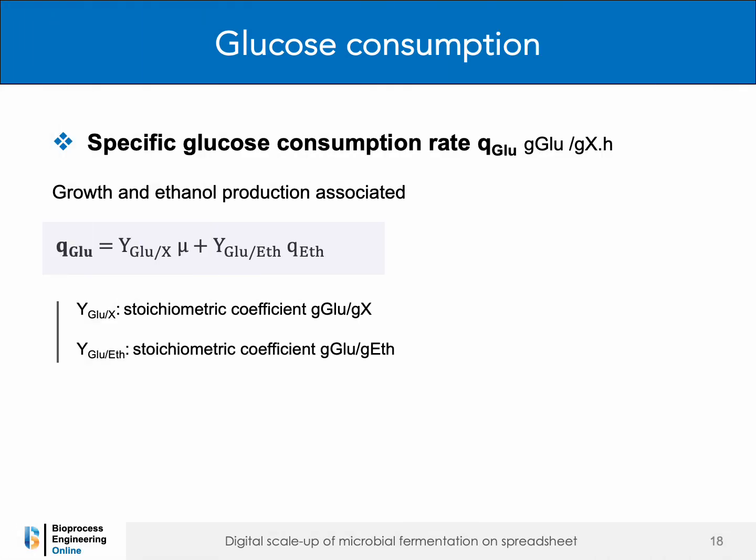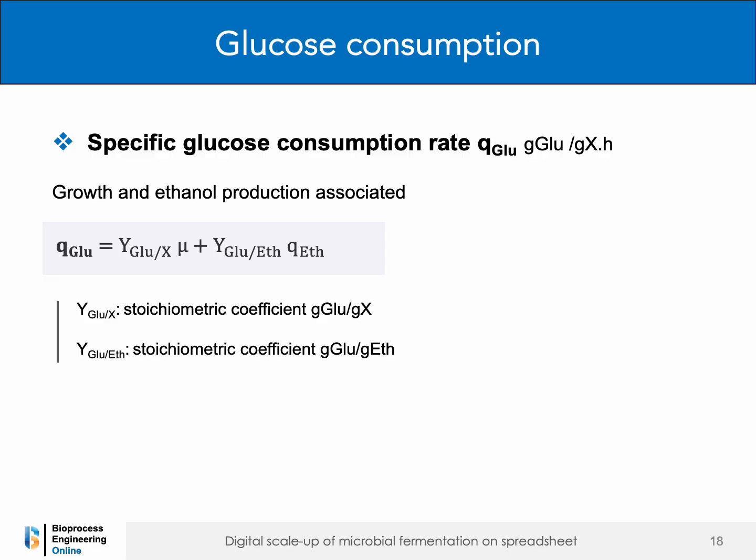The specific glucose consumption rate of the yeast includes two contributions, one associated with biomass growth and another with ethanol production. The specific glucose uptake rate, Qglu, in gram glucose per gram biomass per hour, is expressed as the sum of these two terms. Qglu equals Yglu over X, mu, plus Yglu over Eth, Qeth.